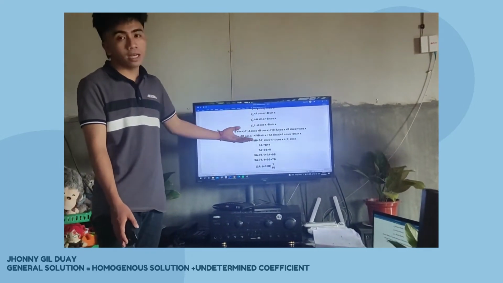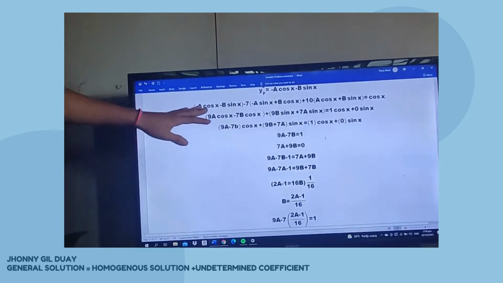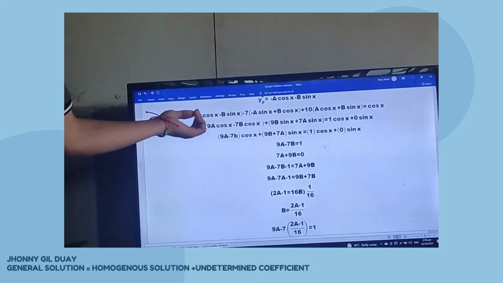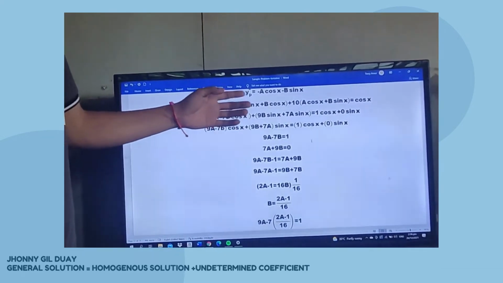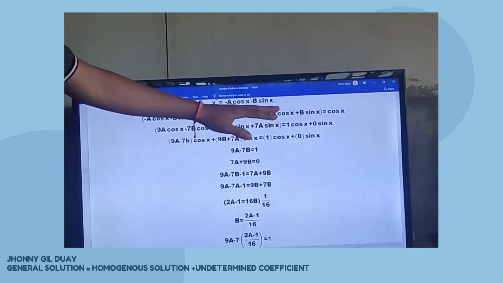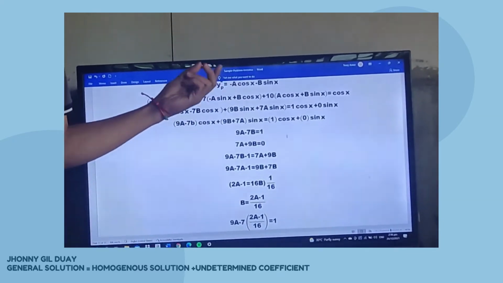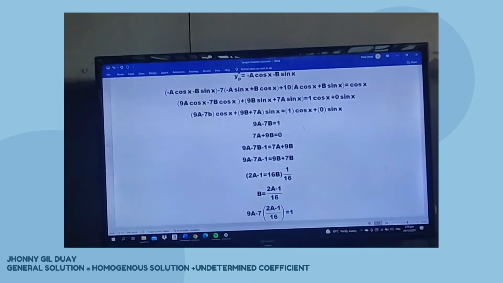Now, apply all the values in the original equation. We will have the quantity of negative a cos x minus b sin x, minus 7 times the quantity of negative a sin x plus b cos x, plus 10 times the quantity of a cos x plus b sin x, equals cos x.